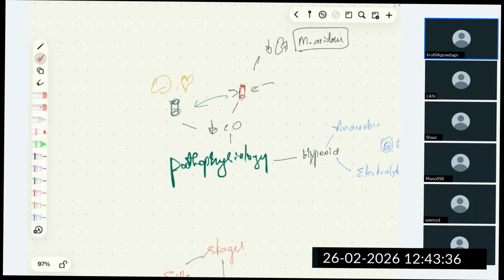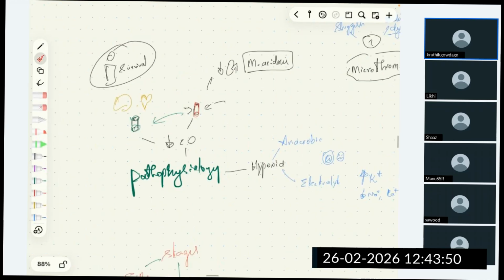The body always fights for survival. So it tries to maintain perfusion for vital organs like brain and heart at the expense of vasoconstriction and reduced blood supply to other organs. This is associated with manifestations.